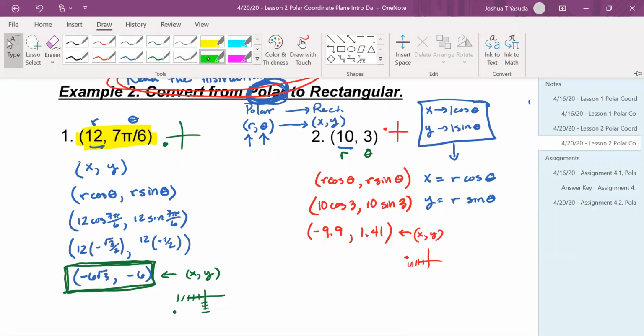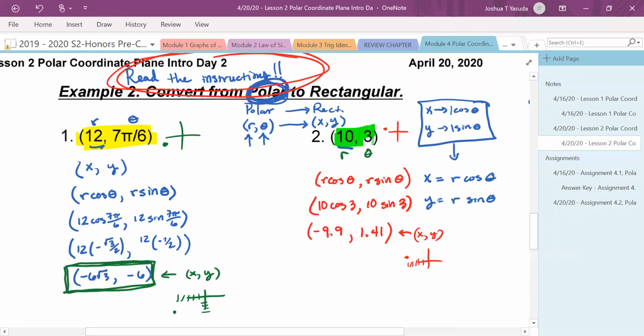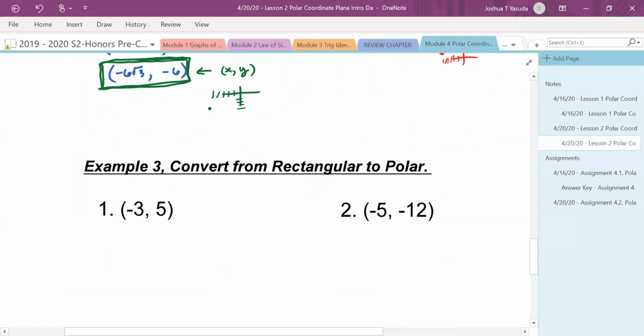The reason I'm harping on this is because (10, 3) is really the main culprit. This looks like a normal XY point, but it's not. It's polar, and we need to pay attention to that, okay? So read the instructions, see what they want you to do when you're converting, and make sure you have a calculator.